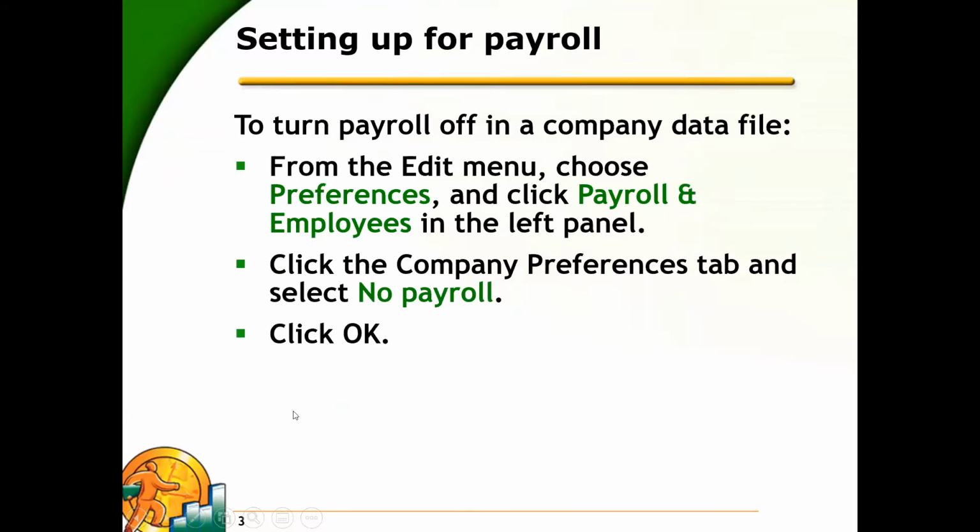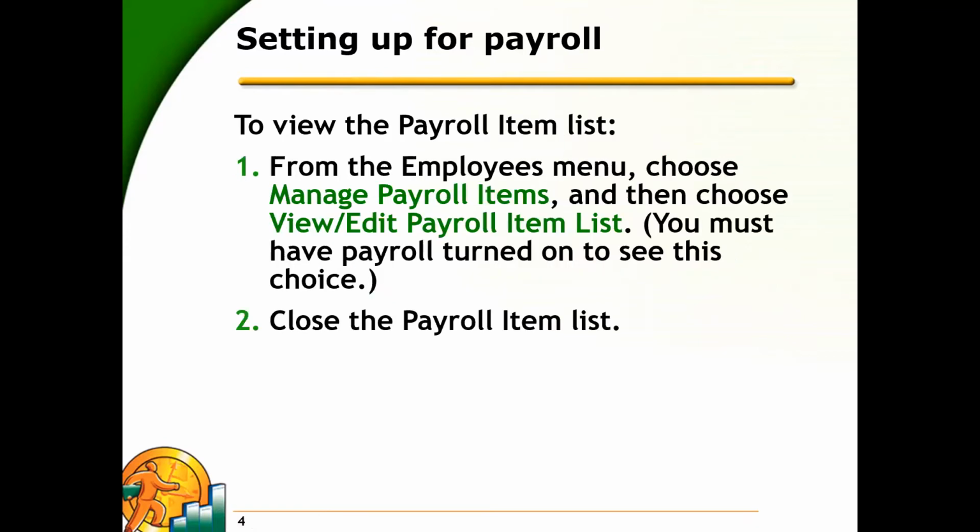I just showed you basically how to turn on the payroll process within QuickBooks, which is again key to getting this process set up moving forward. From the edit menu, choose your payroll preferences and activate the payroll processing system within QuickBooks. To view the payroll items list, from the employees menu, choose manage payroll items and then choose view edit payroll item list.